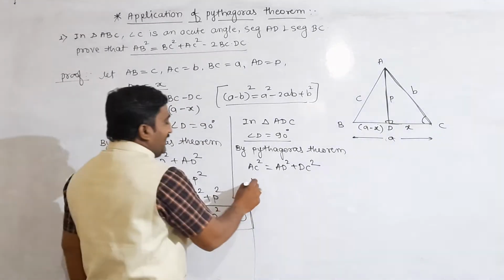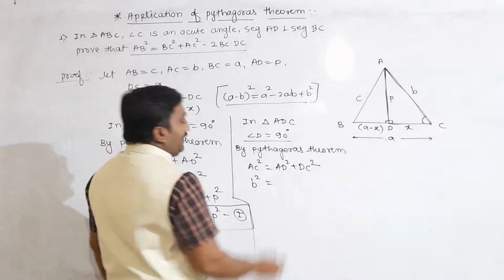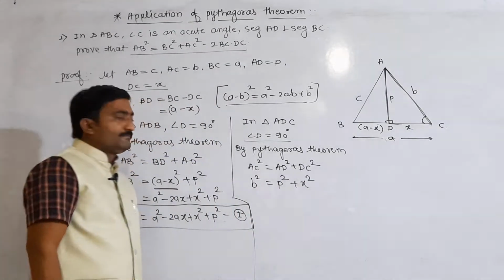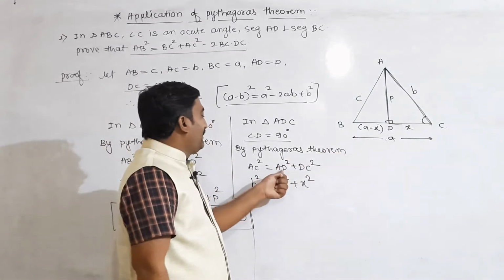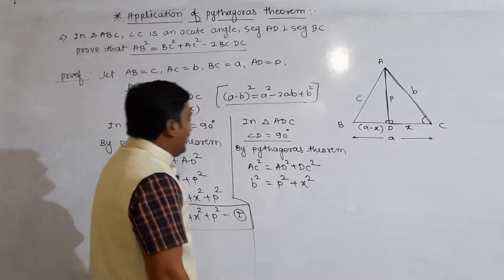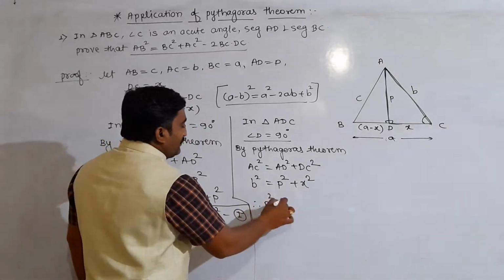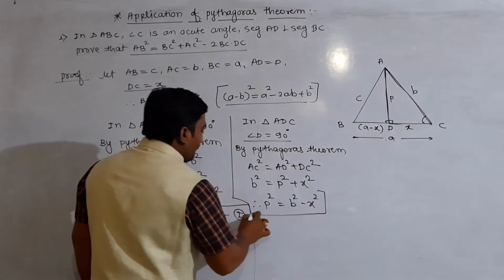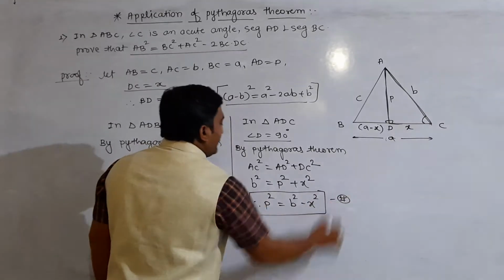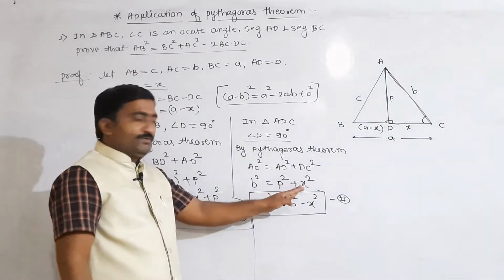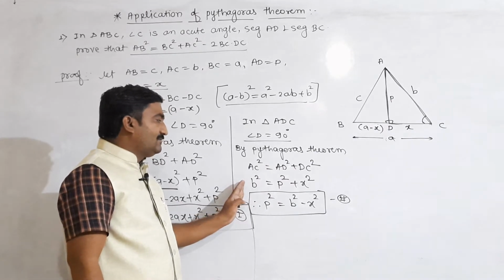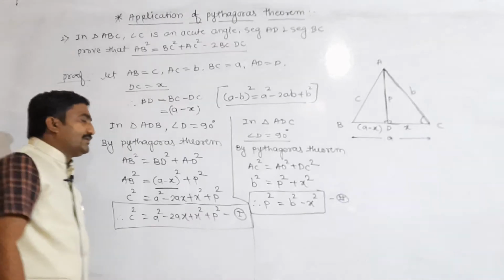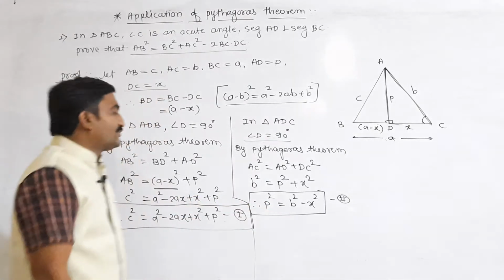AC square means b square is equal to AD square means p square plus DC square means x square. Then by calculating, p square is equal to b square minus x square. This is equation second. Therefore, p square is equal to b square minus x square.